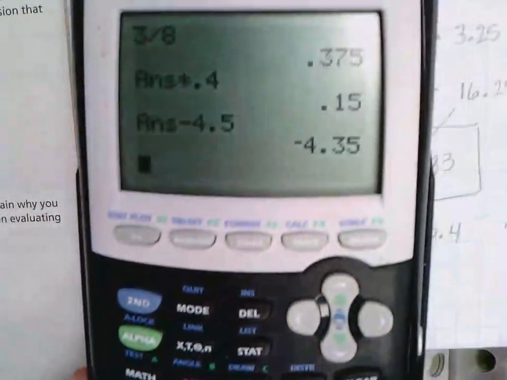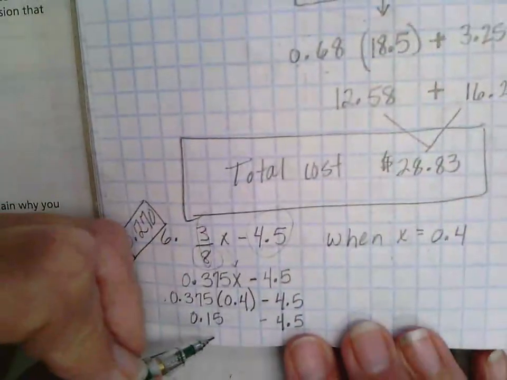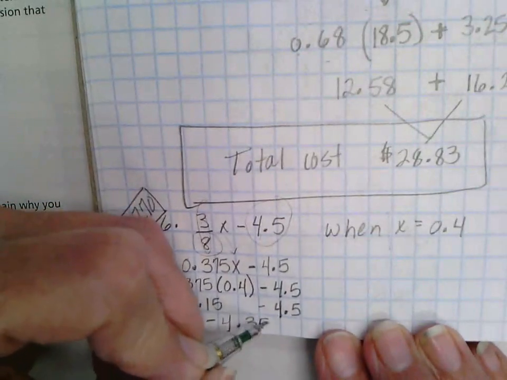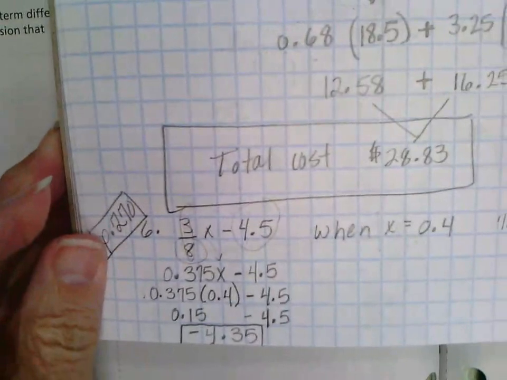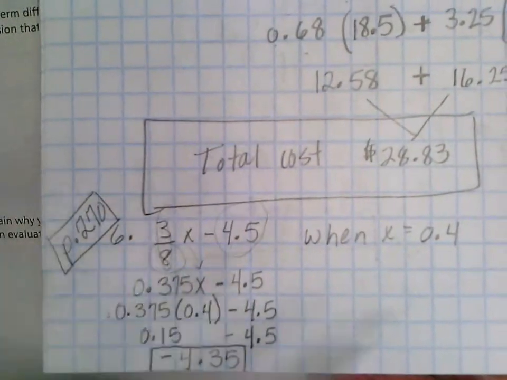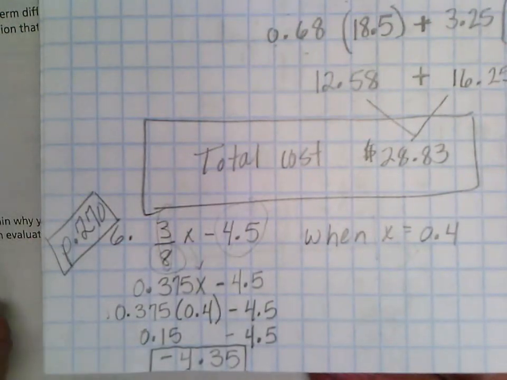And I get an answer of negative 4 35/100. So the value of this expression when x is equal to 4/10 is negative 4 35/100.